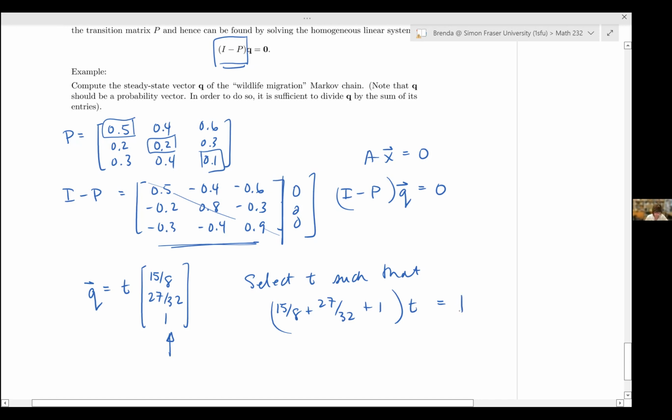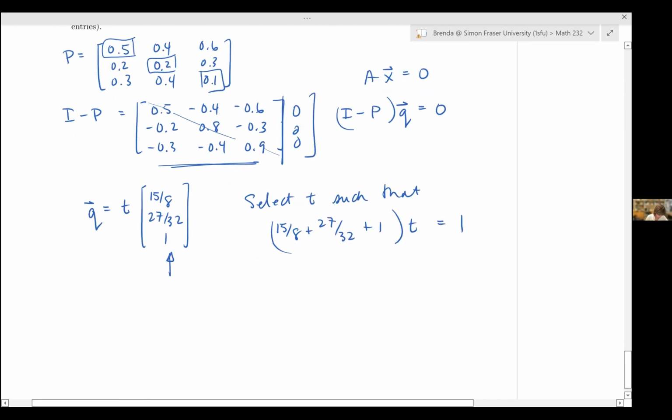I want to make sure that this is a probability vector. So I go ahead and do that. I find that value of T and I rewrite Q as this vector here. Because this is basically the eigenvector for eigenvalue of 1, the steady state solution when nothing is changing, no scaling, nothing is changing. I get those numbers.